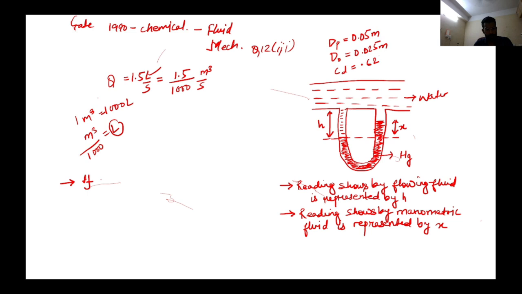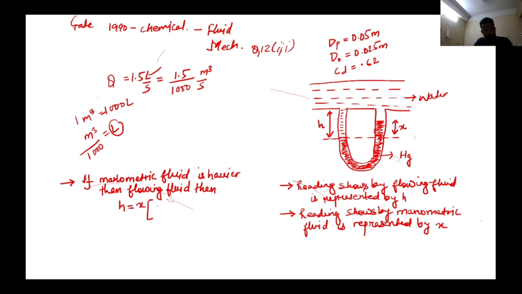If the manometric fluid, that is the fluid inside the manometer, is heavier than the flowing fluid, the fluid which is flowing inside the pipe, then we will use h is equal to x into S heavier upon S lighter minus 1, and it could be written as density of heavier upon density of lighter minus 1, into x. I forgot x here, so I will write it here.